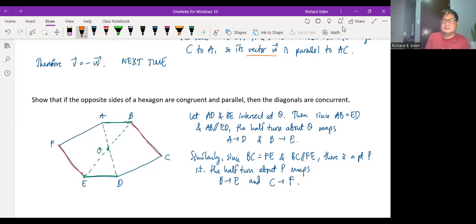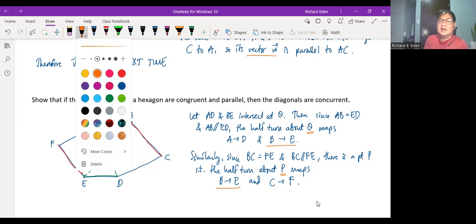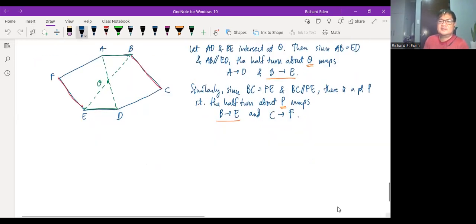Check it. Since B is mapped to E, O is the midpoint of B and E. But if the half turn about P maps B to E, P is the midpoint of B and E. Consequently, O and P are the same. Thus, O equals P.